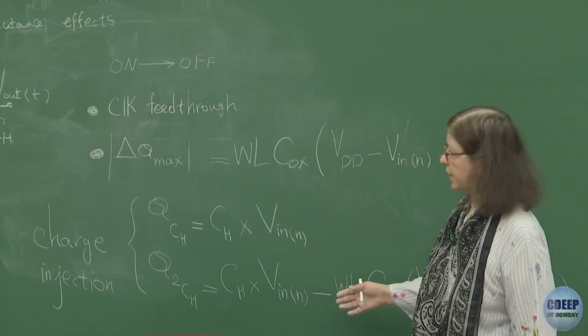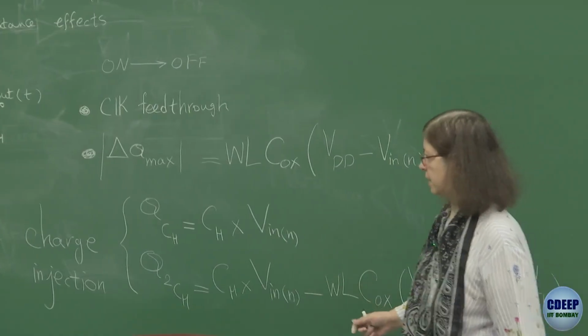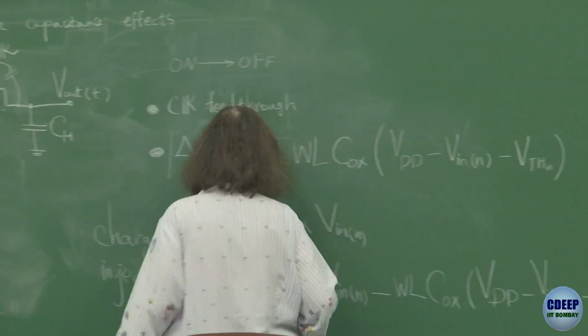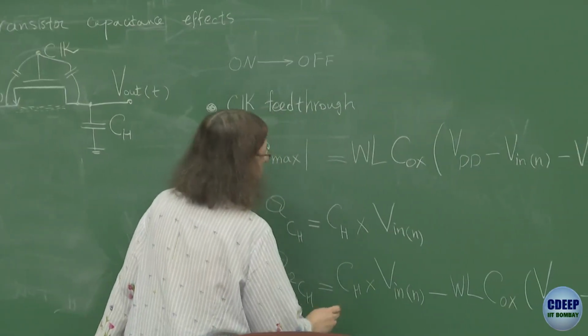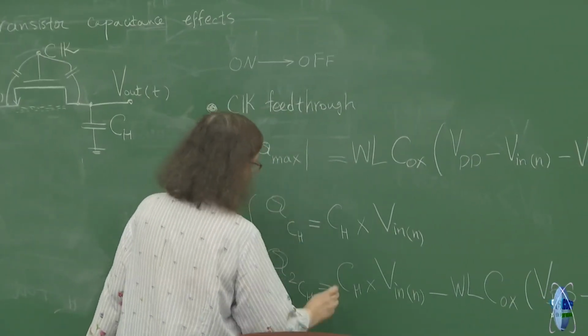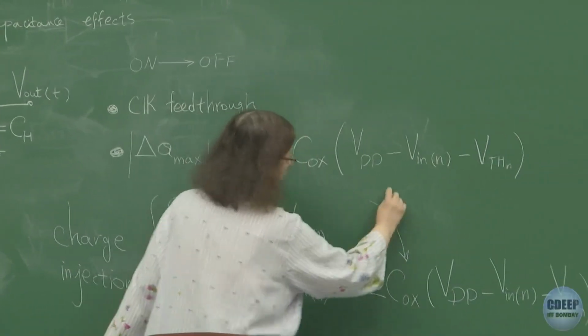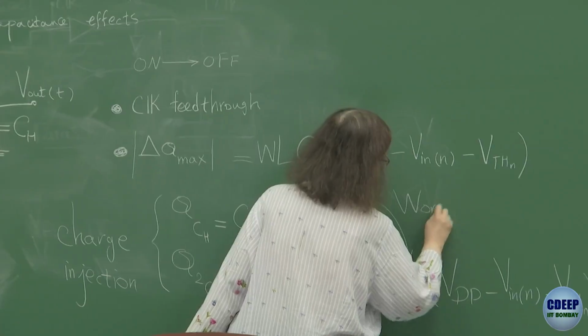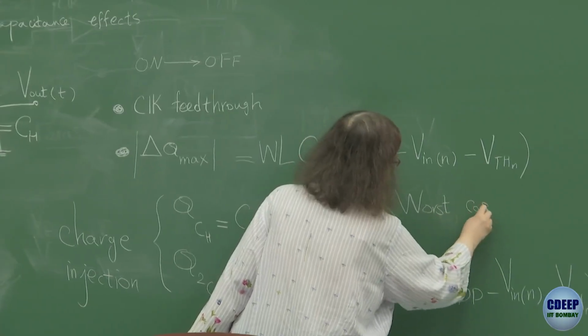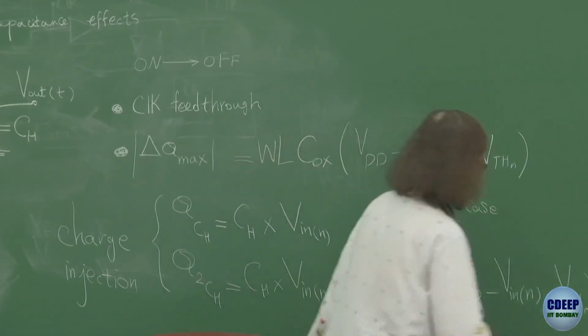We need to be concerned about this, and this is the worst case, delta Q max. Worst case in the sense that the maximum charge is given.